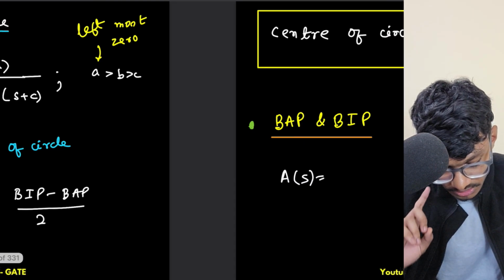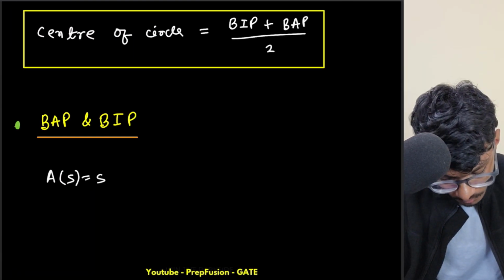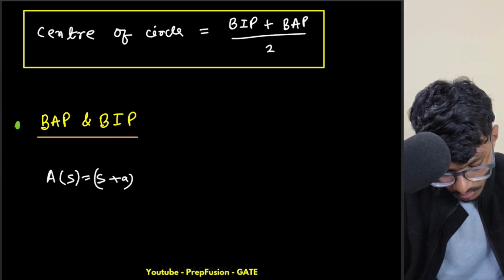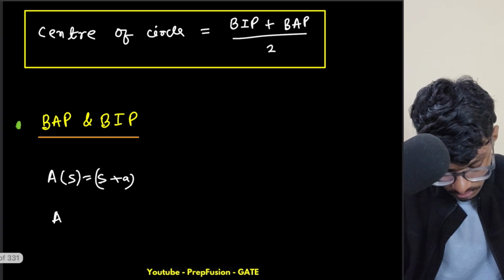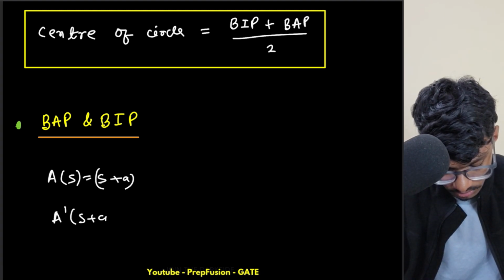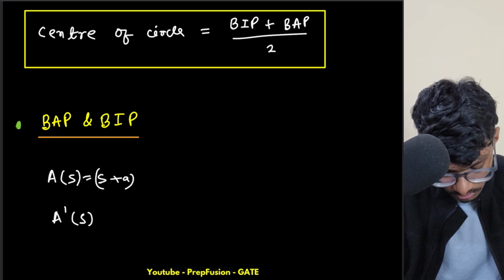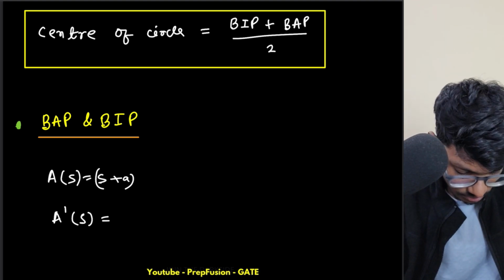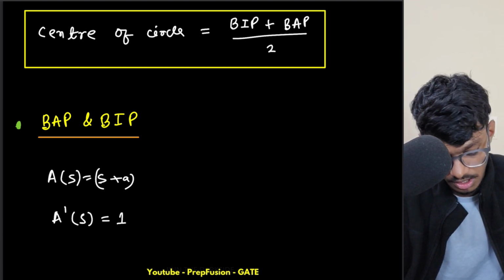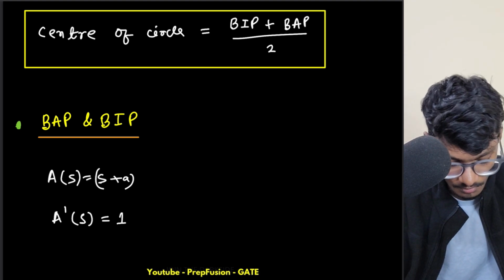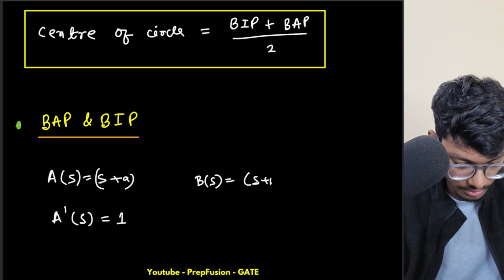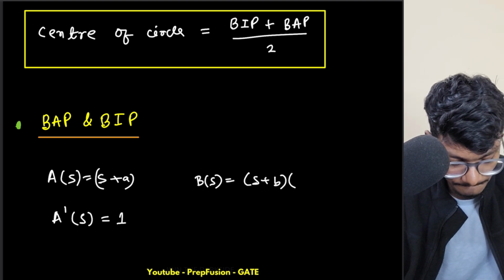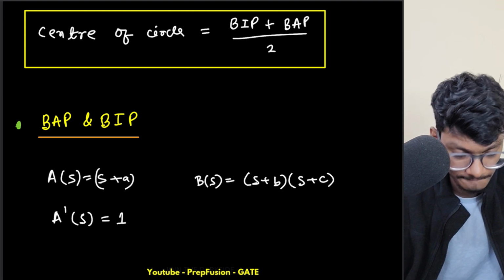What is A(s)? A(s) is s plus a, and A'(s) equals 1. And what is B(s)? B(s) equals (s + b)(s + c).